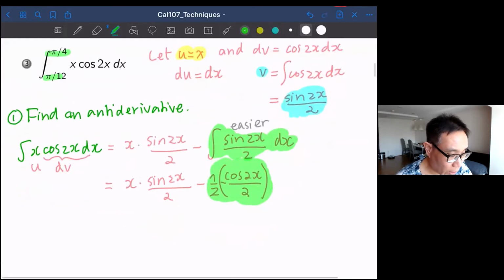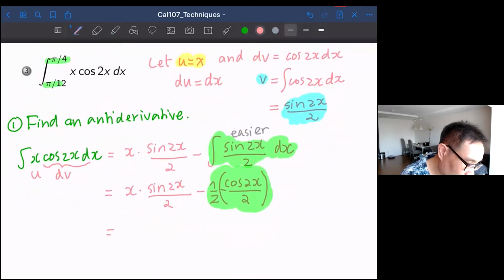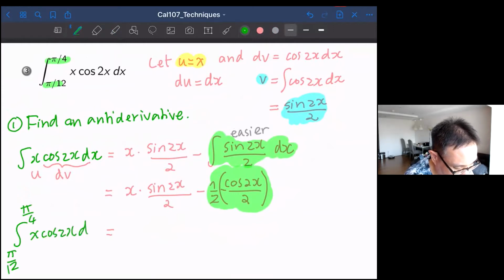Okay, and you get to integrate cos 2x, so it's going to be the integral from pi over 12 to pi quarter of x cos 2x dx.